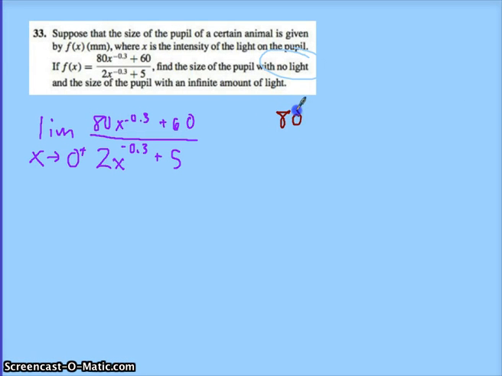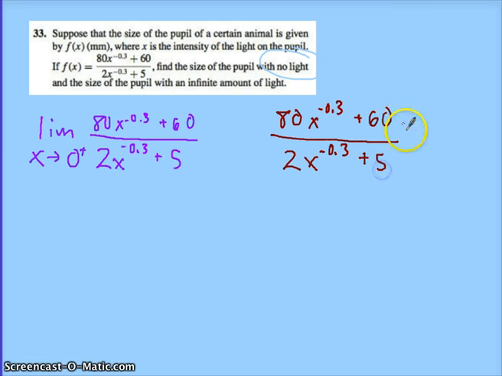So let's look at this a little differently and algebraically. Again, like I said, it's all a puzzle. If I multiply this by x to the negative 0.3, x to the positive 0.3, I'm going to just do this once for you.